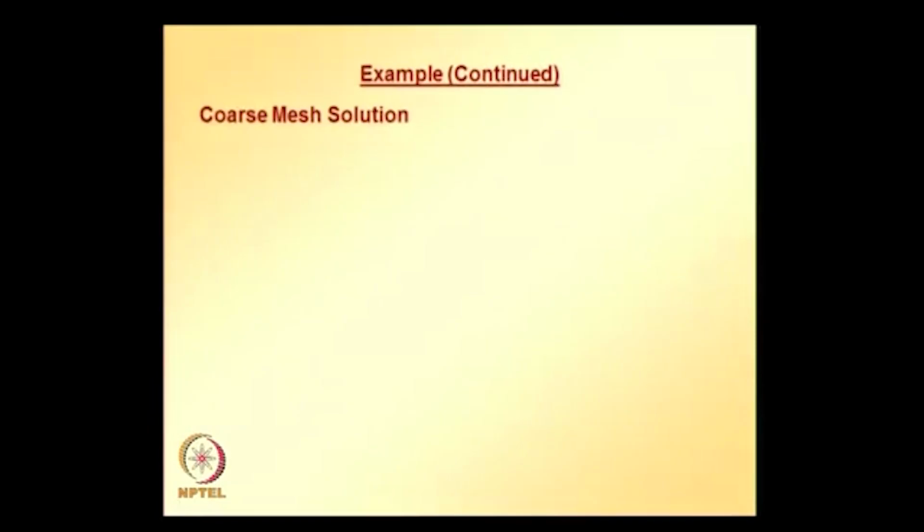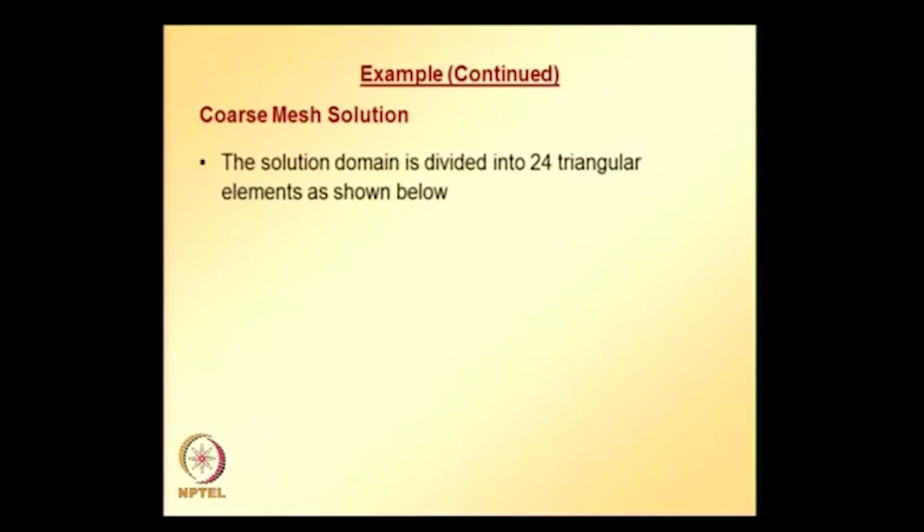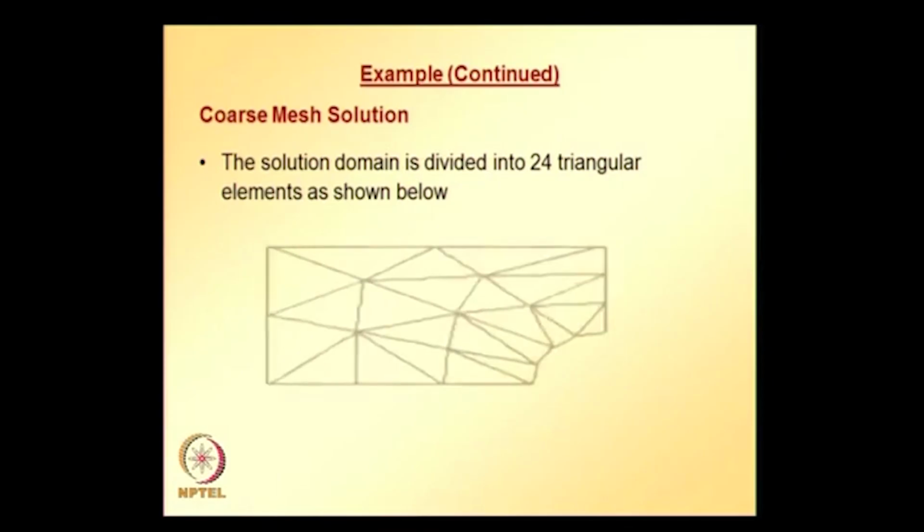So, now let us look at again for different mesh the solution, how it looks. Coarse mesh solution. The domain is divided into the same number of elements as we did for the previous formulation, that is 24 triangle elements.